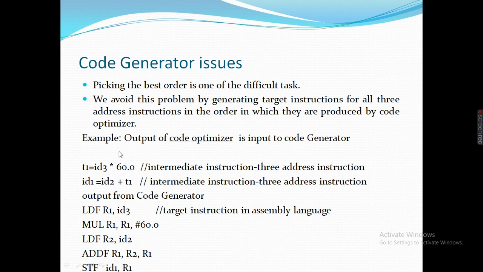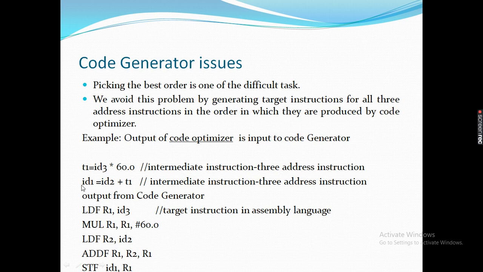For example, the code optimizer has produced this as a first instruction. That means the code generator will take up this first instruction and translate it into two instructions. The code optimizer has produced this as a second instruction. The code generator will translate this second instruction into, say, these three assembly language instructions.